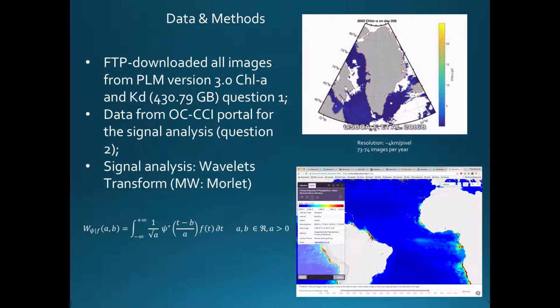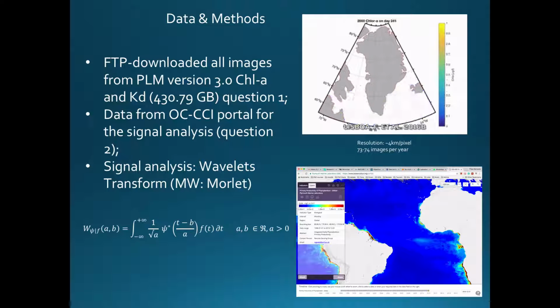You can have night, so if you don't have sunlight, you don't get a reflectance spectrum, so you cannot do this kind of analysis. You can also see the clouds. If it's cloudy, these products are impaired by clouds and by the presence of ice. When there is ice, we still have no data because basically there's no water surface actually.